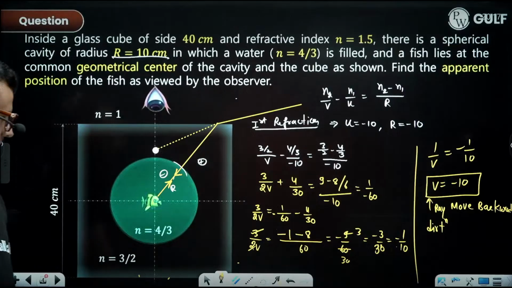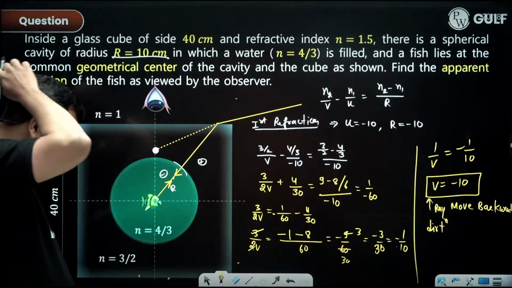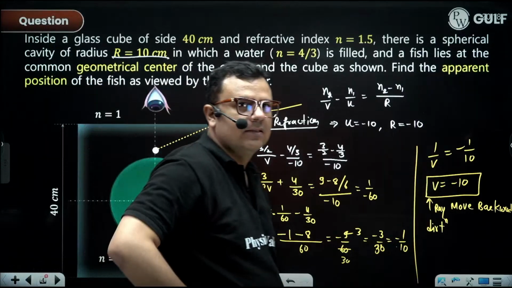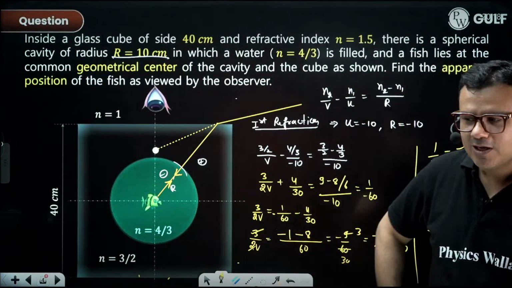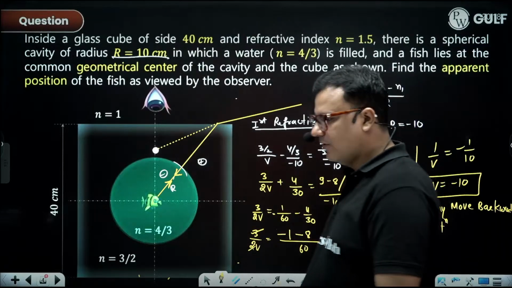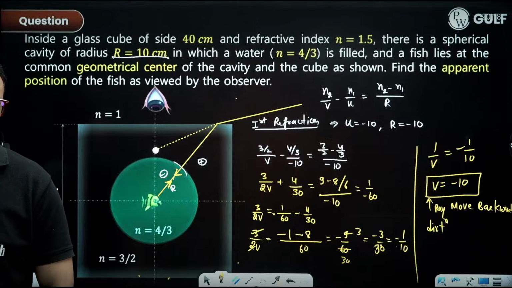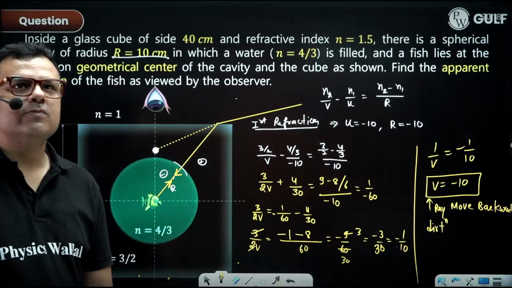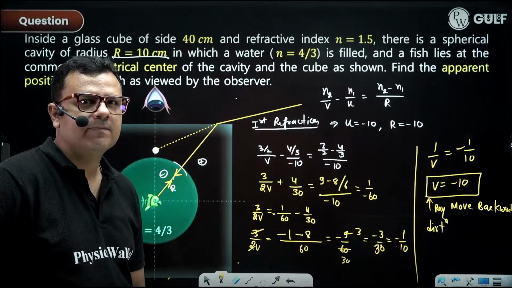Before this class, I was discussing the center of mass, and I discussed one formula that you are going to use again over here. I will share that proof with you in your group.